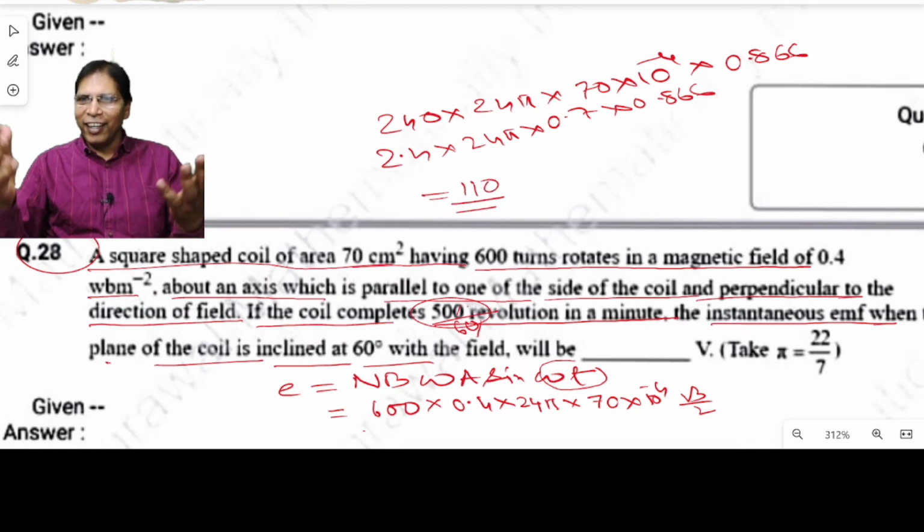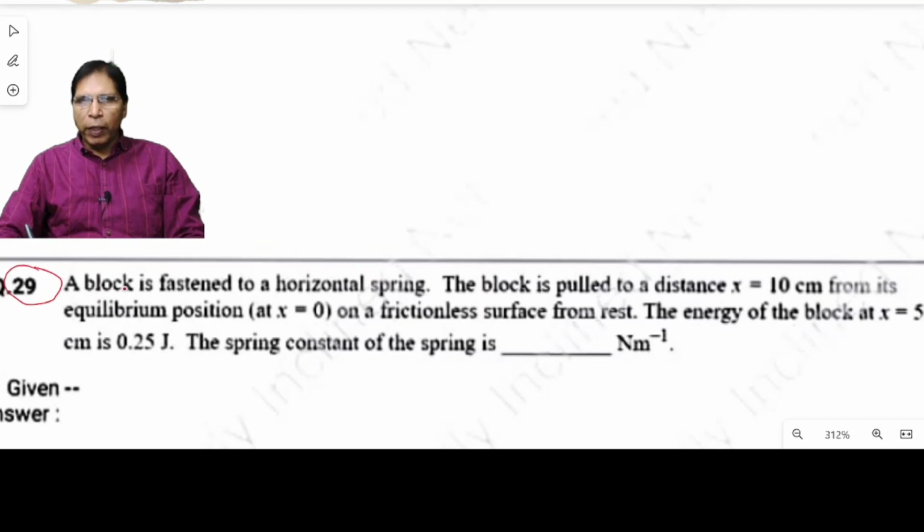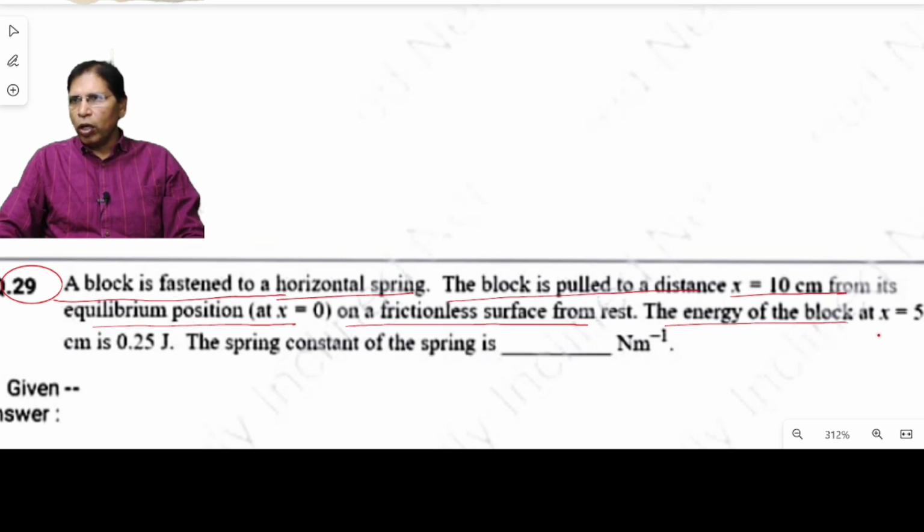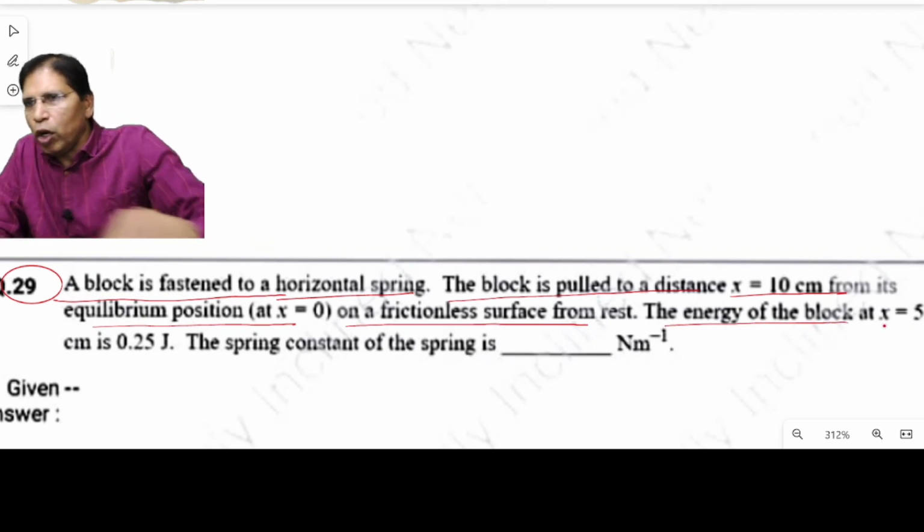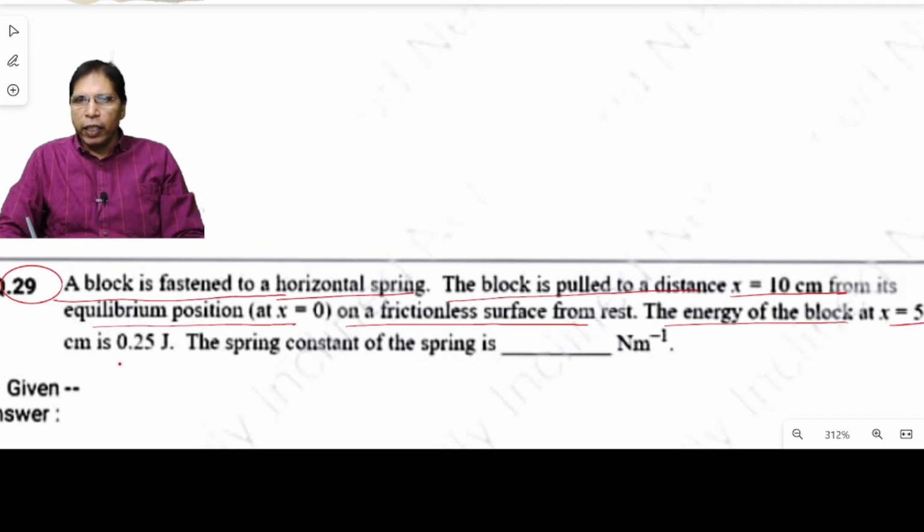Okay, next. Now question number 29. A block is fastened to a horizontal spring. The block is pulled a distance x equals 10 centimeter from its equilibrium position on a frictionless surface from rest. The energy of the block at x equals to 5 centimeter is 0.25 joule, the spring constant.